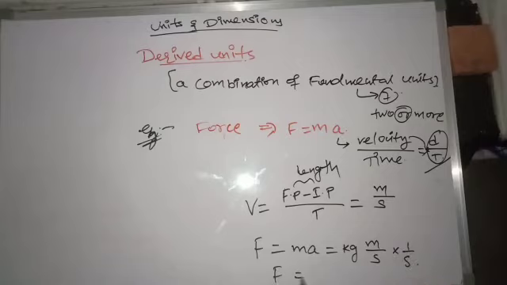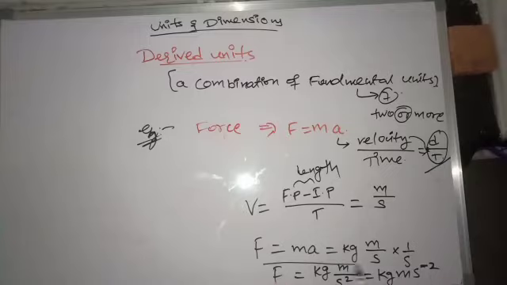Now the unit for force is kg meter per second square. This can also be written as kg meter into s power minus 2. We have second square in the denominator; if you bring this to the numerator, you can write it as s power minus 2. So the SI unit for force is kg meter per second square.